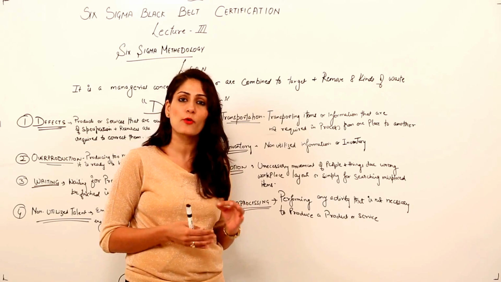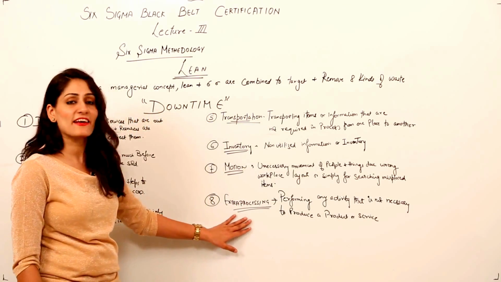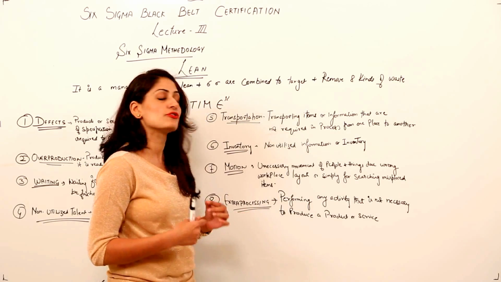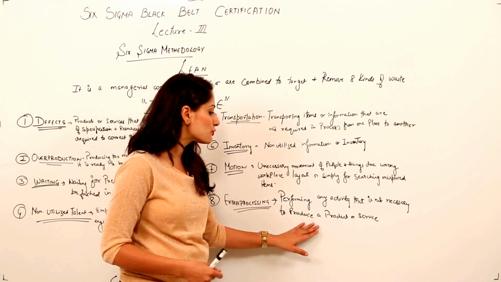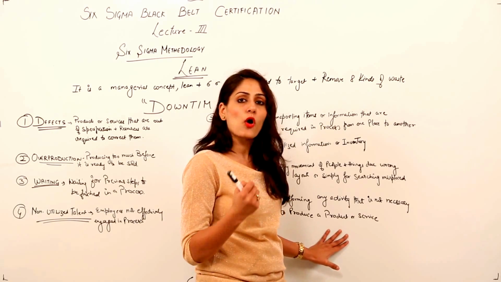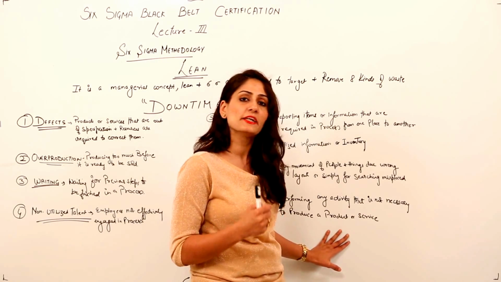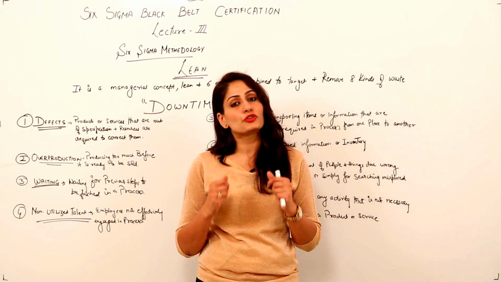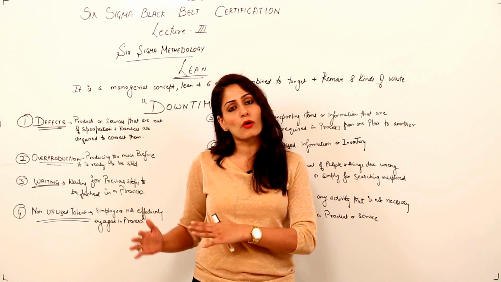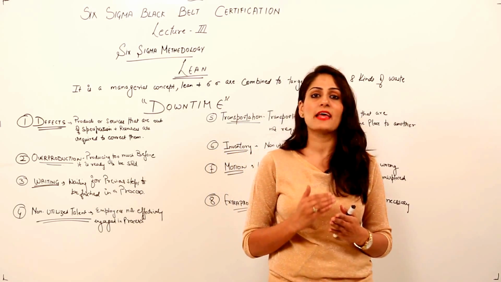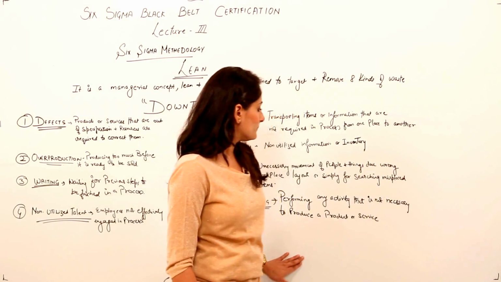All of this comes under wastage. And then is extra processing, that is performing any activity that is not necessary to produce a product or a service. This means whatever resources go into this extra processing are being wasted. So with the help of Lean and Six Sigma, we try to target and remove all these 8 kinds of waste so that we can improve our products and services.